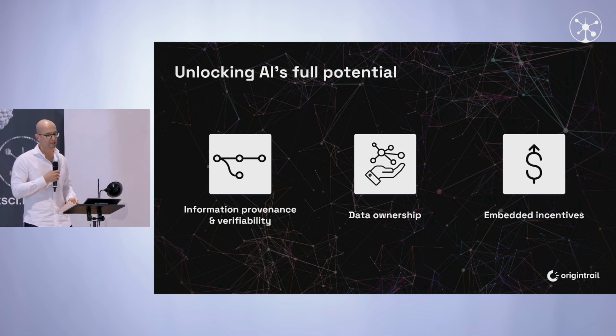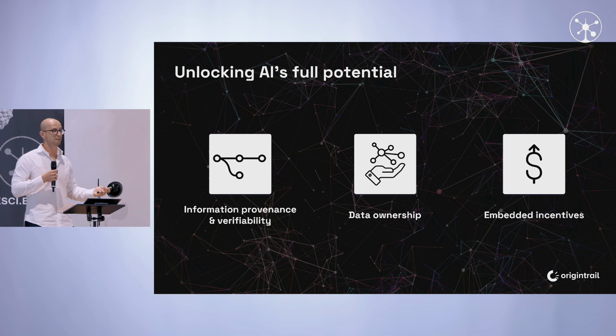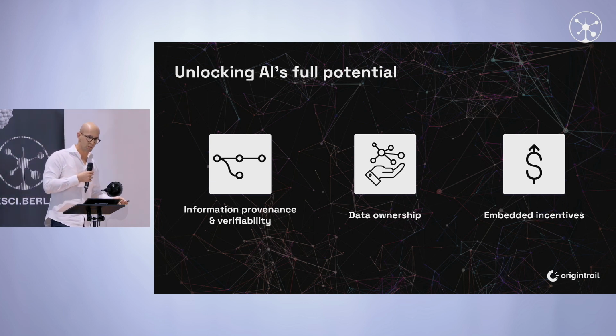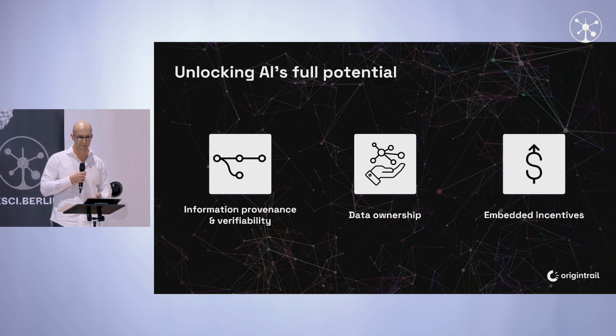The value is distributed. And the third and last piece that we see as really critical is embedded incentives. We need a mechanism that incentivizes people to produce quality knowledge, so that AI can use that quality knowledge either for research, for training, or for whatever purpose we would use AI in the future.